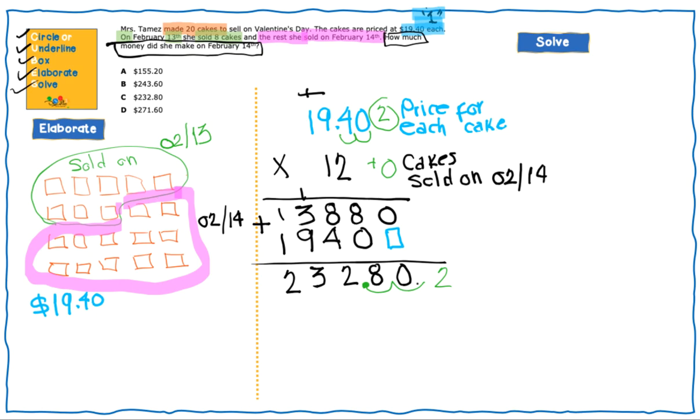We multiply, we move the decimal point, and this is our answer. So the answer should be $232.80, and it happens to be letter C. This is our answer. Awesome, guys. Thank you.